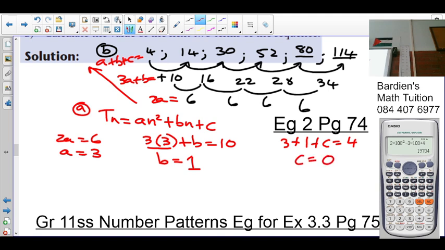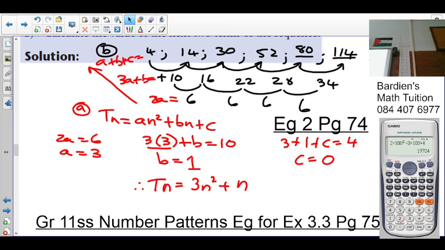So what's my formula now? General term: Tn is equal to 3n squared plus 1n, or n, the same thing. Now what do I do now? Test if it's correct. Okay, so let's choose a number for n.